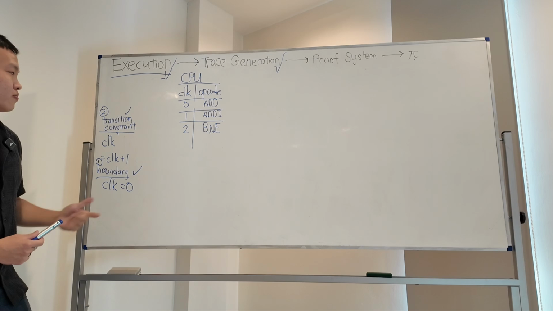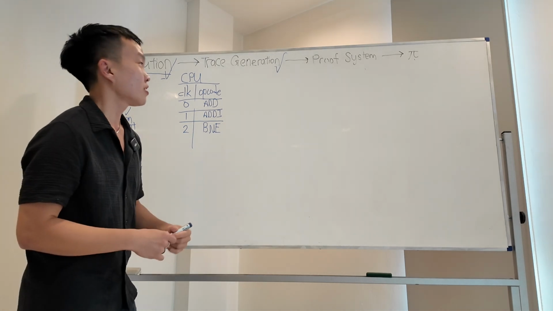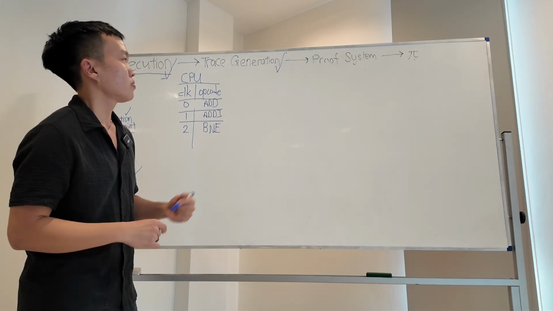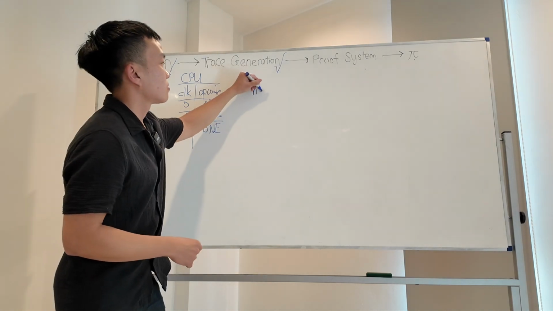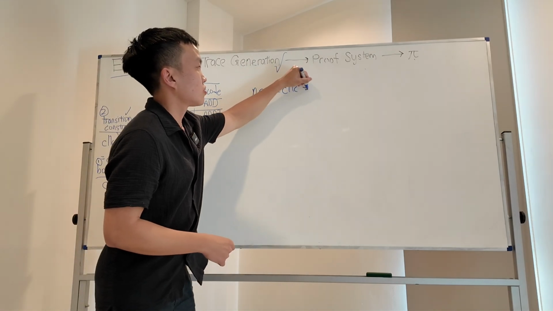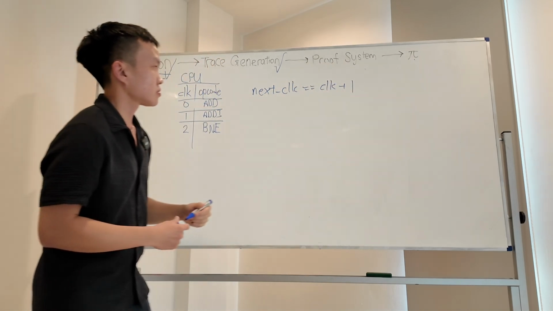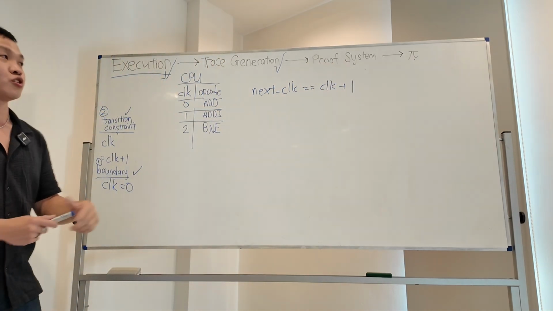And in, let's say, an API, you can do something like next clock equals clock plus 1. So this would be a constraint.